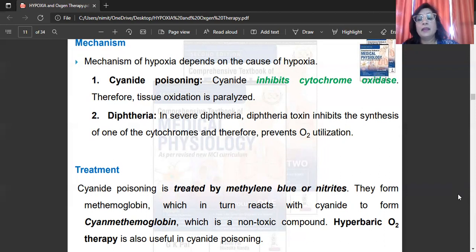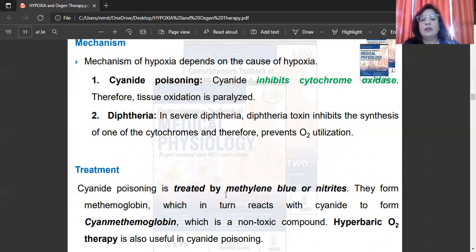They form methemoglobin, which in turn will react with the cyanides to form cyanmethemoglobin, which is a non-toxic compound.